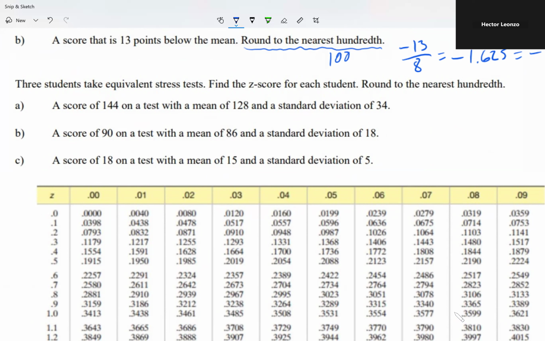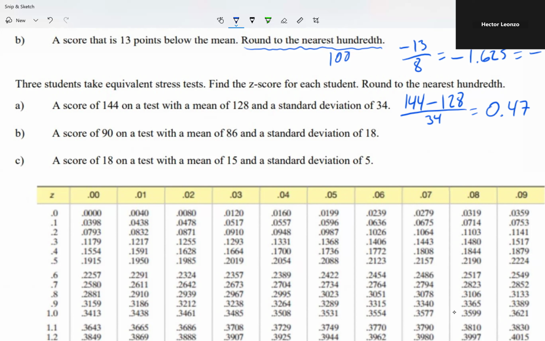A score of 144 on a test with a mean of 128 and standard deviation of 34. So the score that I'm testing is 144. So I'm just going to go 144 minus the mean, all of this divided by the standard deviation. 144 minus 128 divided by 34. This is going to give me 0.47. Round it to 2 decimal places if necessary.